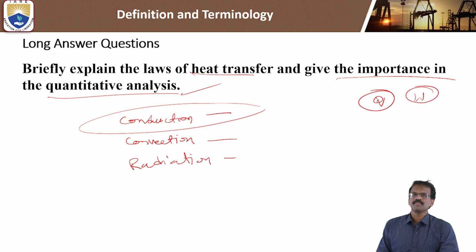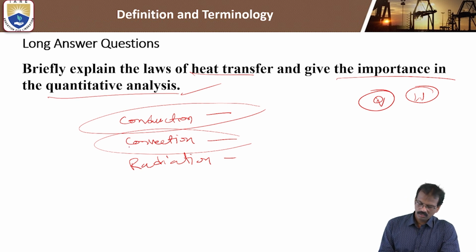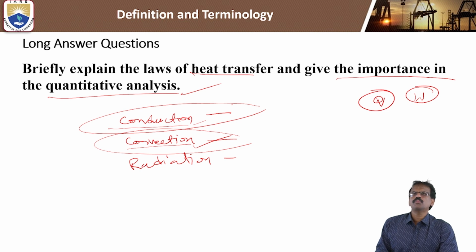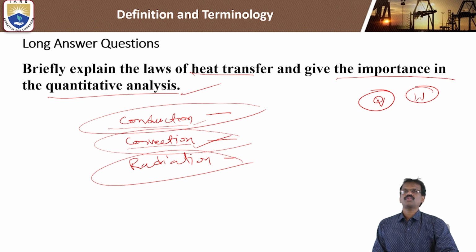Similarly, in convection we see the movement of particles from one place to another place. Convection is completely associated with the movement of particles, while conduction is associated with the movement of free electrons or vibration of the particles. Radiation needs no medium. Without a medium, heat transfer takes place through electromagnetic wave phenomena.